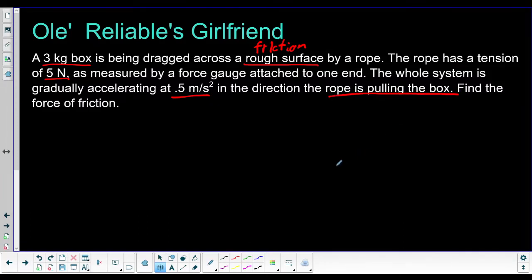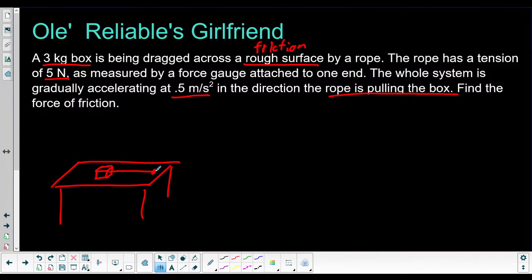So let's look at a picture first. Let's make this a little more compact, right? So you're over here, and you've got a rope, and you're pulling on this thing.